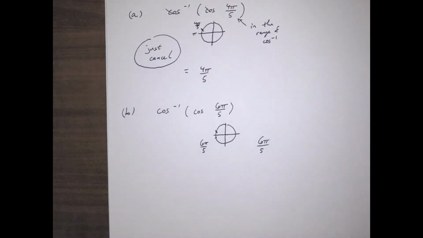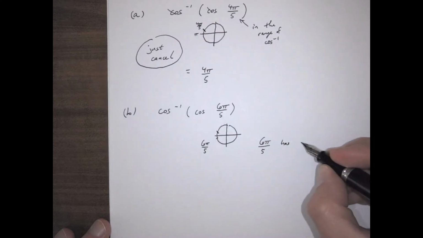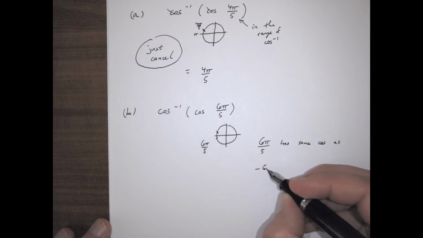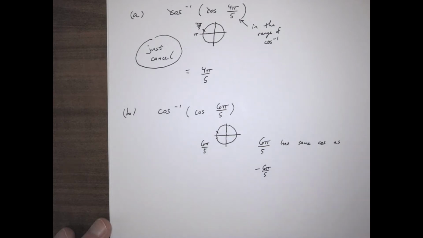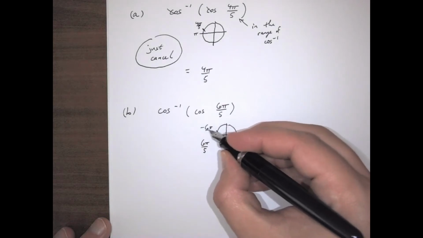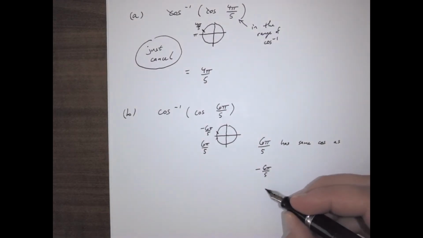So this has the same cosine as negative 6 pi over 5, which is in the right spot, but it's not the right version of that angle.